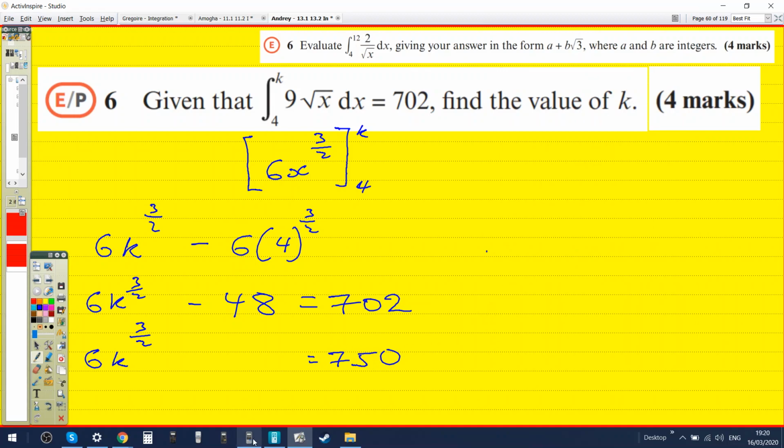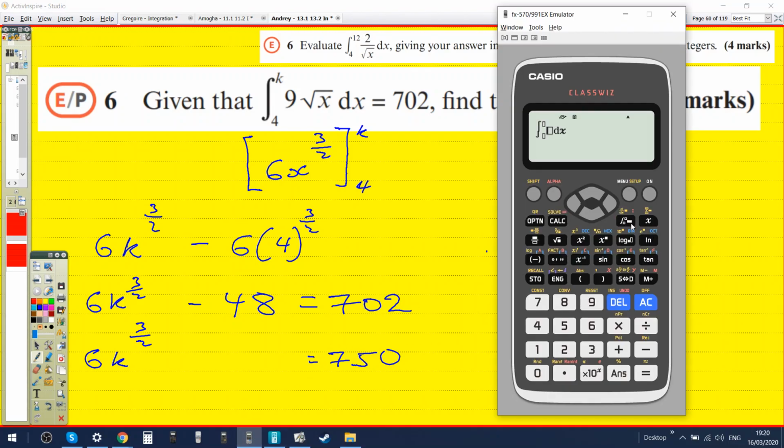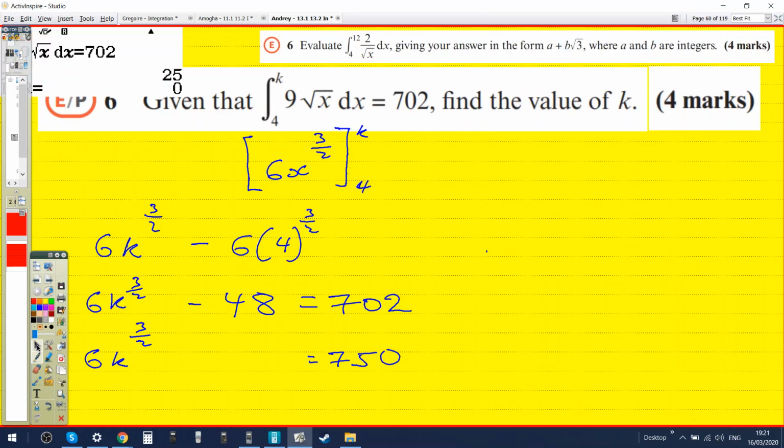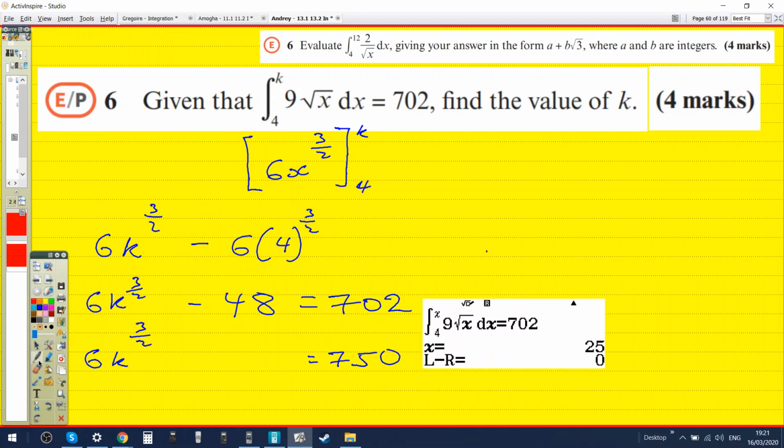And then that would be... It says that k is 25. And I got the same thing by putting the very original thing in. And so we can be pretty sure k is 25. Any questions there? That's good.